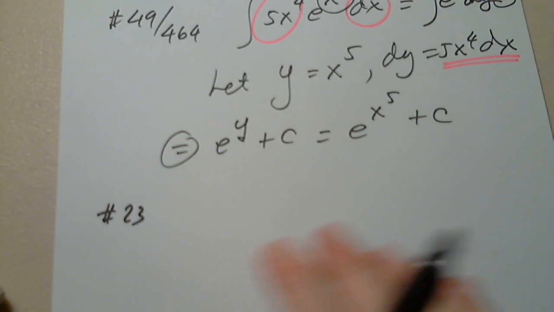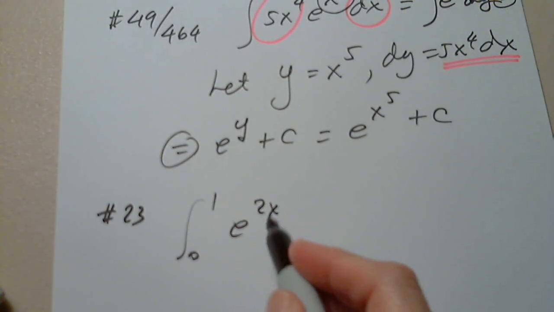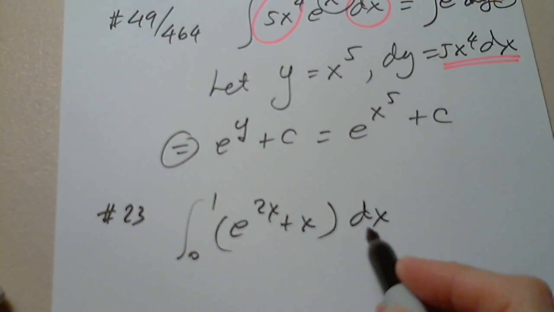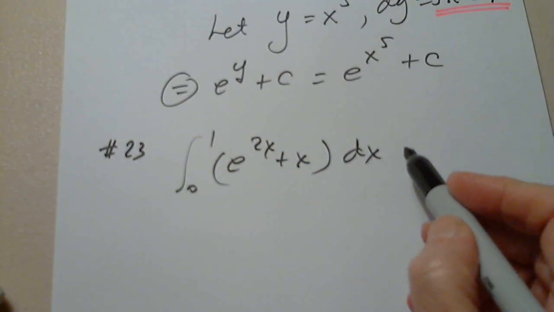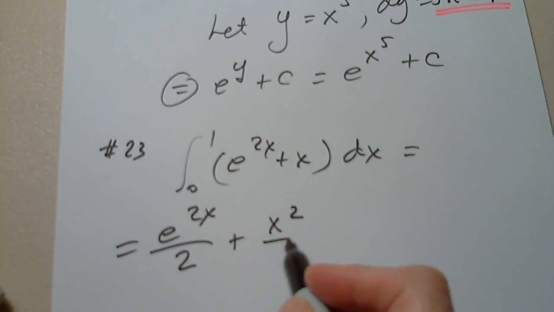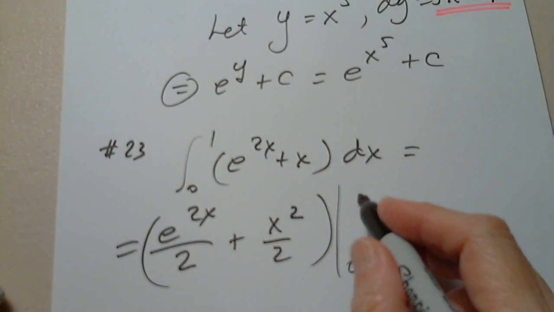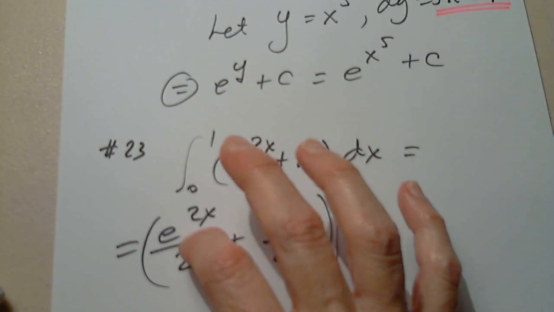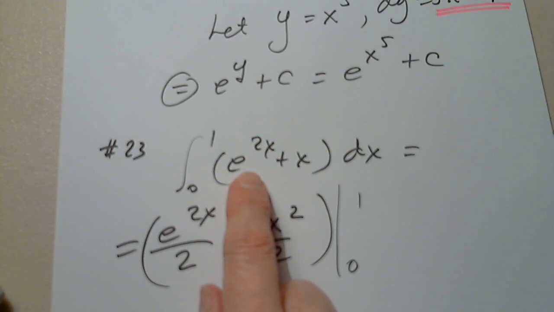Oh, I was looking at 25. Sorry. So the integral from 0 to 1 of e to 2x plus x dx. Perfect. I thought for some reason I looked at 25. And that's a property of the definite integral. Okay, good. So we know that e to 2x divided by 2 plus x squared over 2 is the antiderivative of this function. How do I know? When I differentiate e to 2x over 2, I bring down 2, and I simplify and I get that.